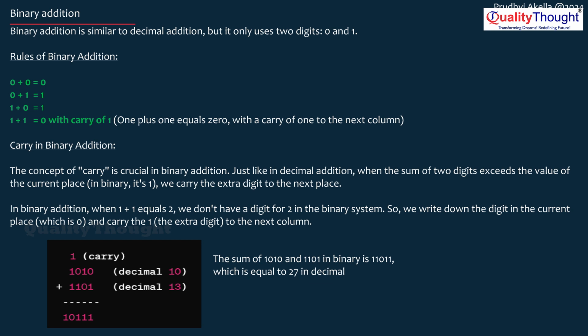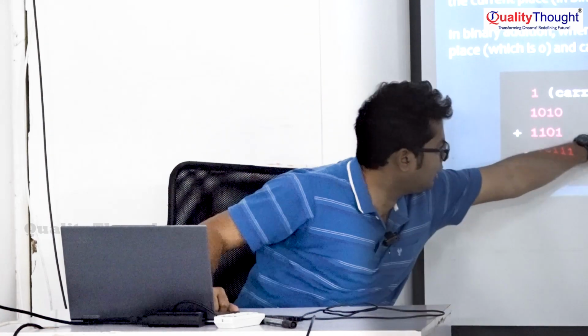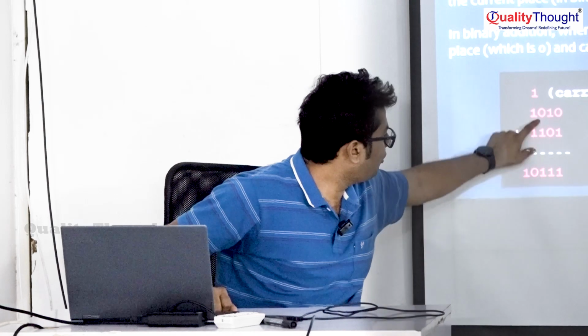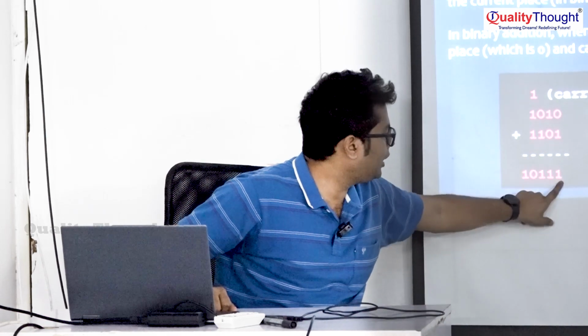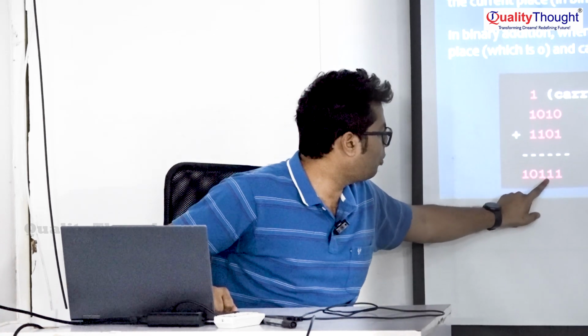Correct? Now this is a representation of what? This is a representation of 23 in binary, as simple as it is. 10 plus 13 is how much? 23, correct? So the representation of 23 in binary is 10111.